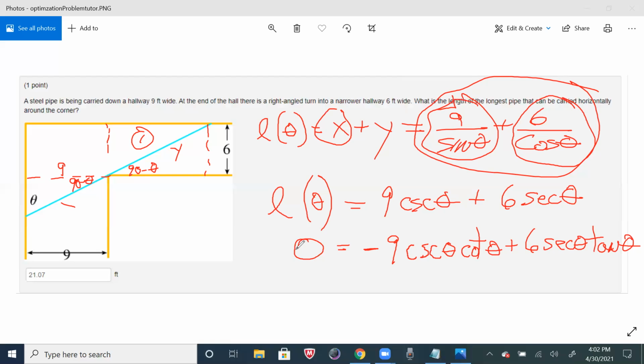So assuming that I could put this bottom thing on the right into Wolfram Alpha, it would tell me what theta was. There's only going to be one theta that works here. And then I could go back to my original function and substitute that theta and come up with the length of the pipe.